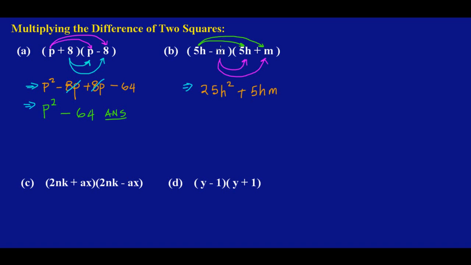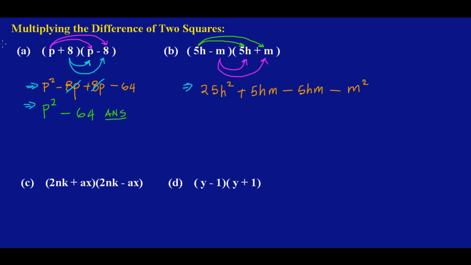And then I'm going to use negative m now to multiply this 5h inside this bracket. So a negative times a positive will give me a negative, and m times 5h will give me 5hm. Again, I'm going to use this negative m to multiply this positive m, and a negative times a positive will give me a negative, and m times m will give me m square.